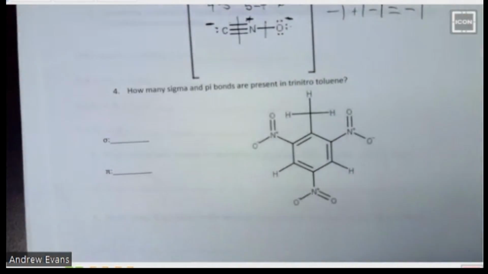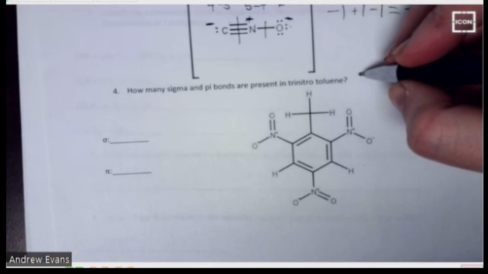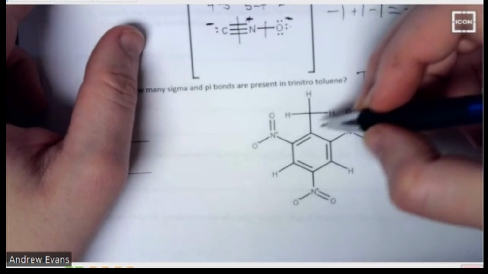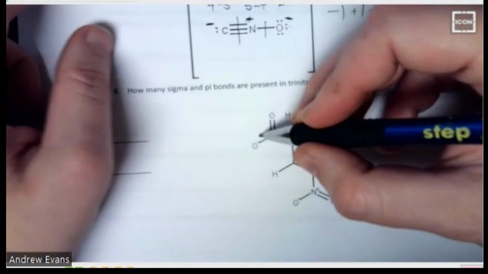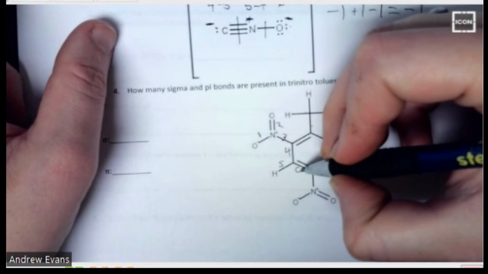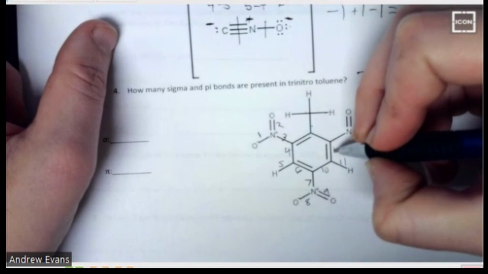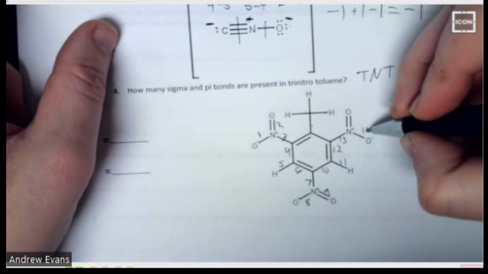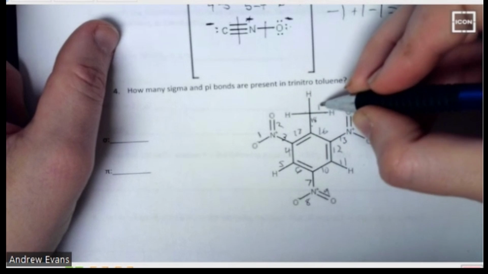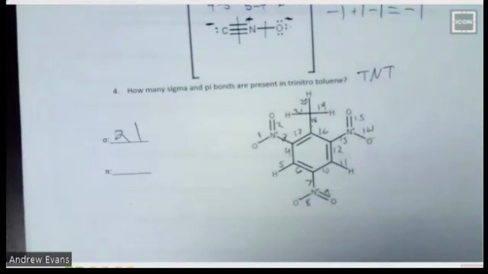Last problem on the first page. How many sigma bonds and how many pi bonds are in trinitrotoluene? TNT, dynamite. Each of these lines is a bond. So let's count them off. 1, 2, 3, 4, 5, 6, 7, 8, 9, 10, 11, 12, 13, 14, 15, 16, 17, 18, 19, 20, and 21. 21 single bonds.